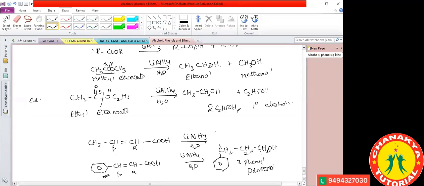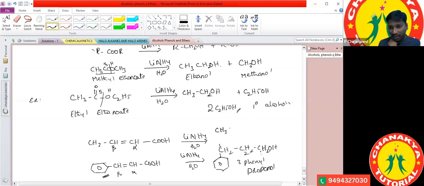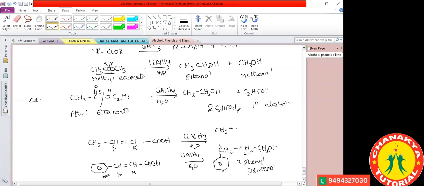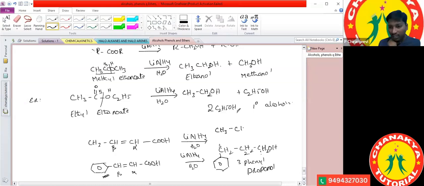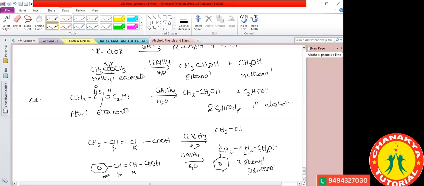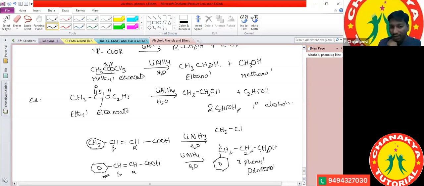Somebody is telling CH3-CH2-CH2. It won't be converted into the CH2 group because the beta carbon atom is attached with a methyl group, not a phenyl group. The unsaturated site is reduced to saturated only when the beta position has a phenyl group or benzene ring.